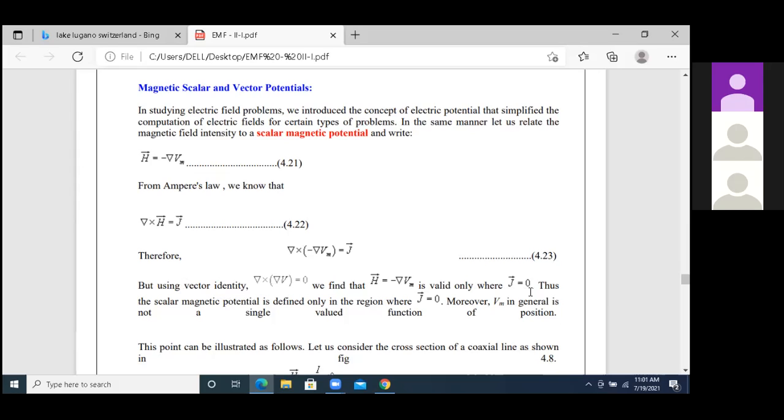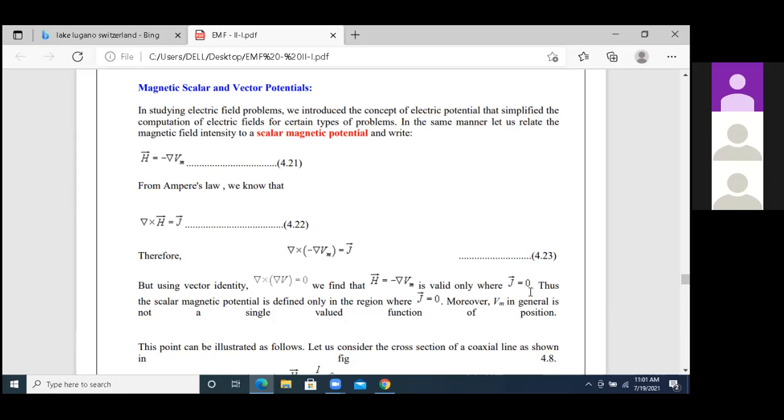So what I get from this is that this equation that they derive from substituting Ampere's law can exist because apparently it is also an identity where it must equal 0.